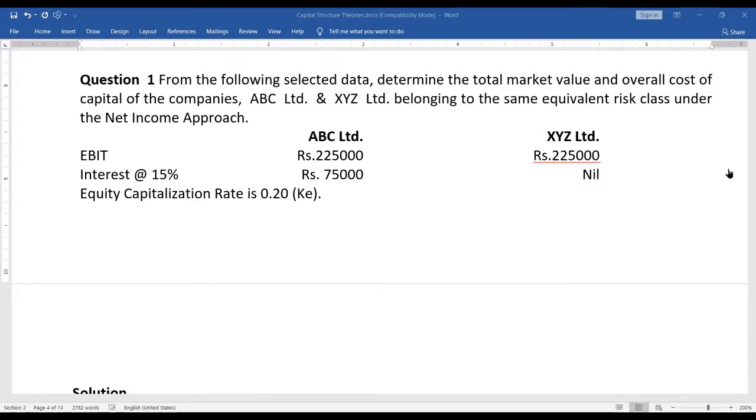Overall cost for ABC is 19.67. I still doubt whether this is correct or not.